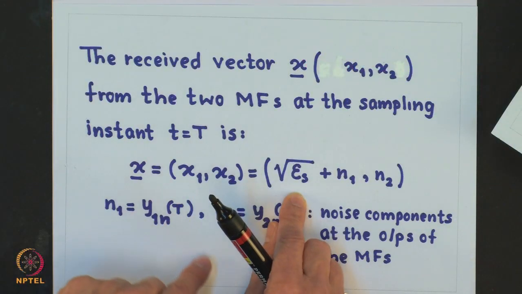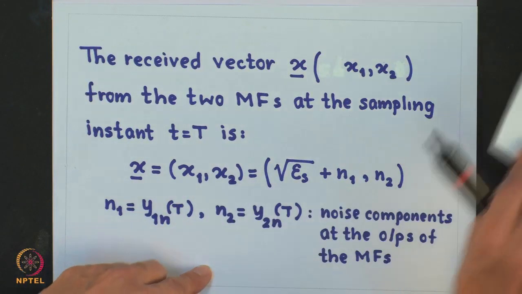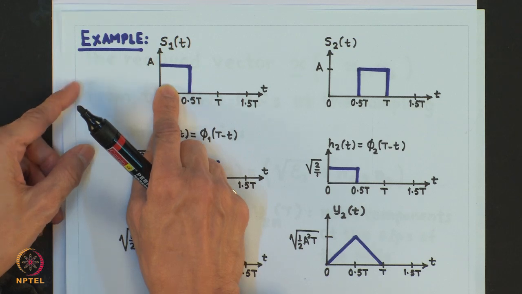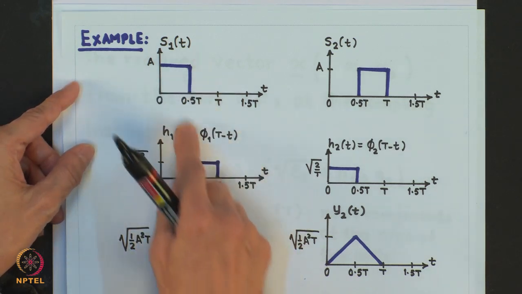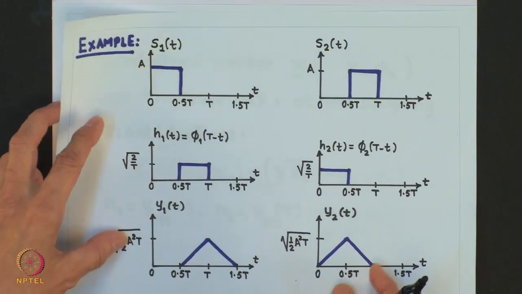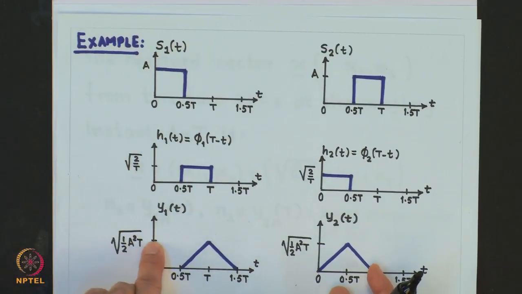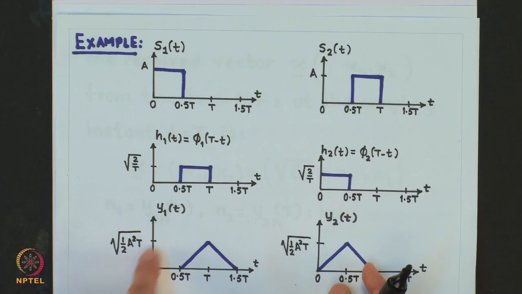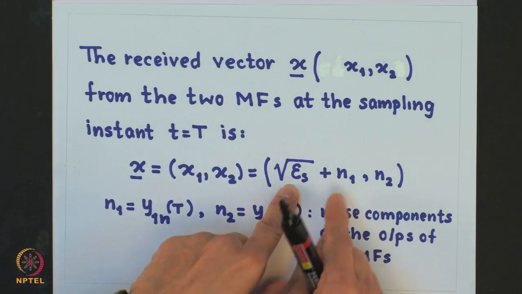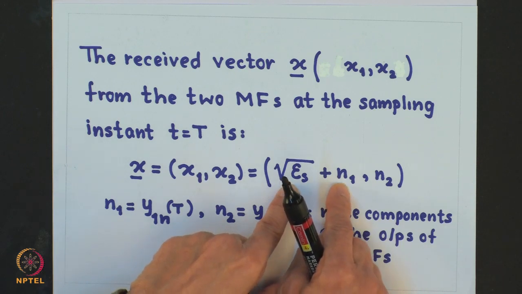This is exactly equal to the signal energy. So, I get the square root of the signal energy, plus there will be a noise component.